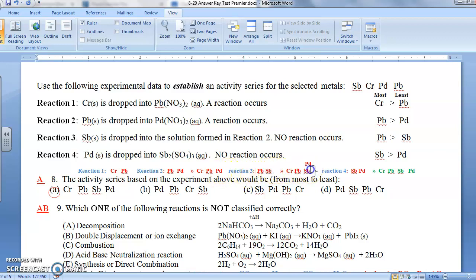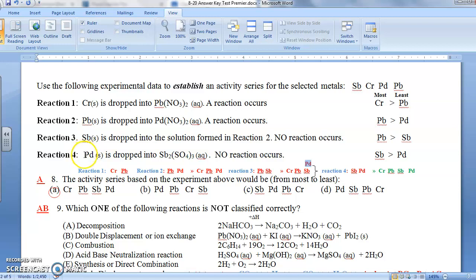Now the antimony must also be after the Pb. But we don't know which is more active, palladium or antimony. We just learned in reaction 3 that antimony is less active than lead. And in reaction 2, we learned that palladium is less active than lead. We just don't know who's more active, palladium or antimony.